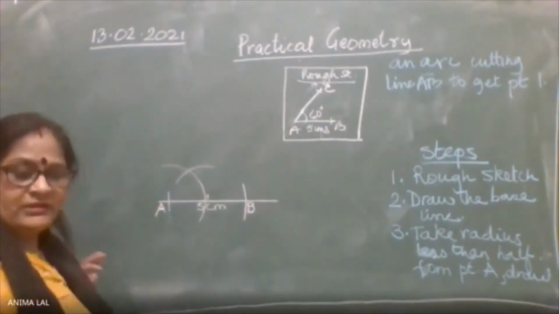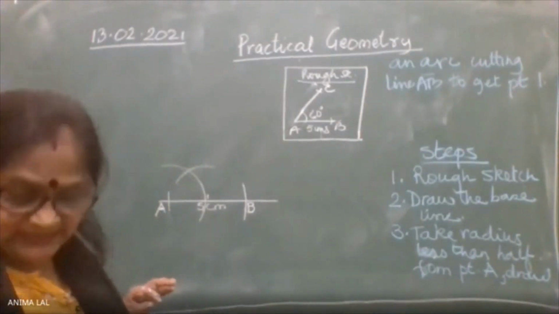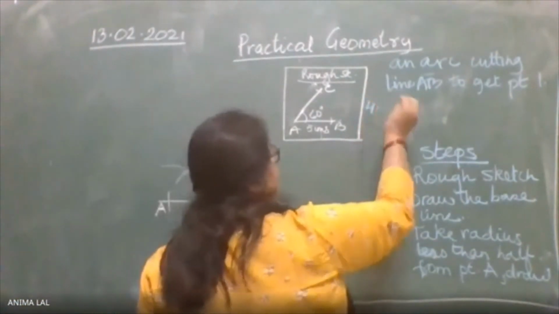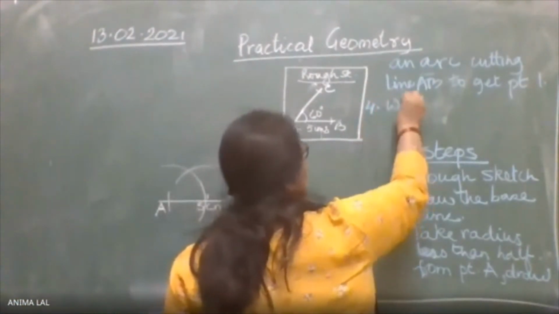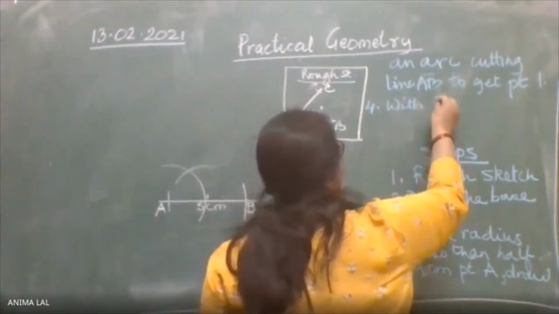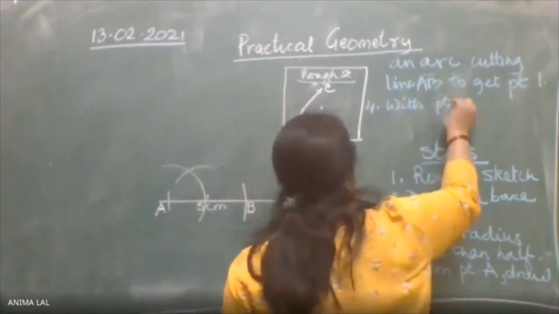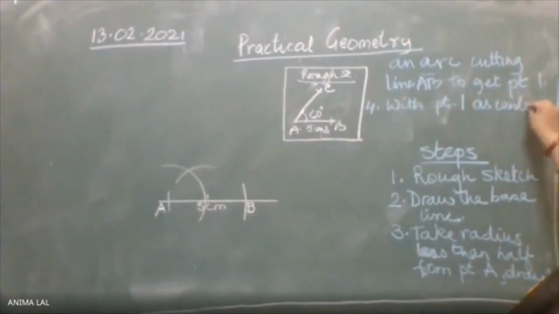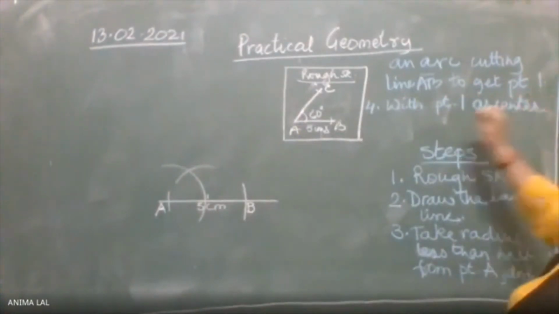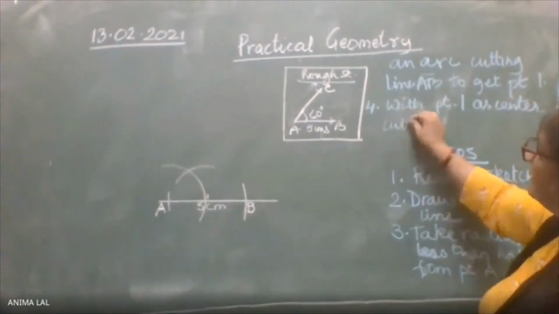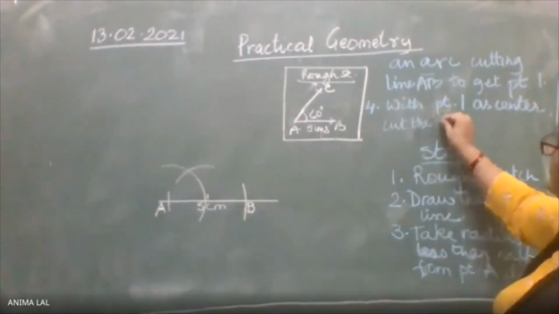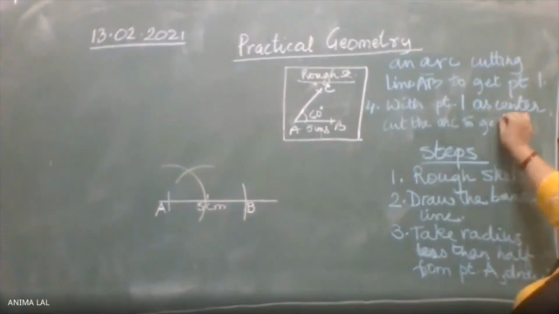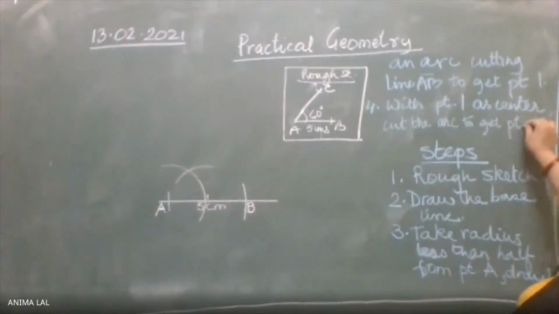So now that is your fourth step. Three we did, fourth step. With point 1 as center, cut the arc to get point 2.